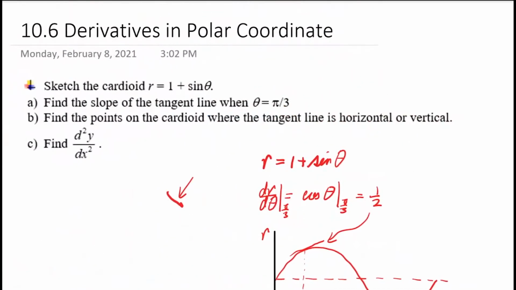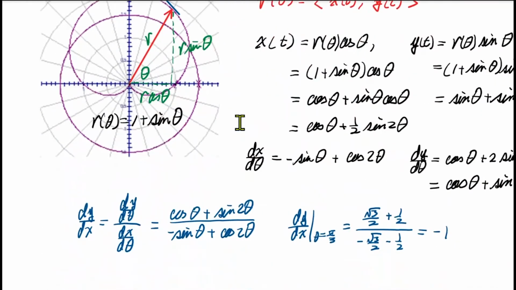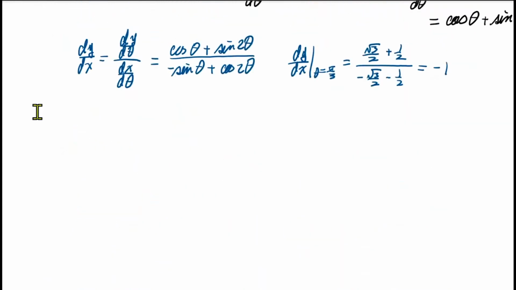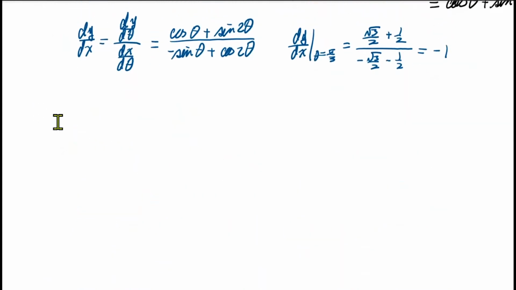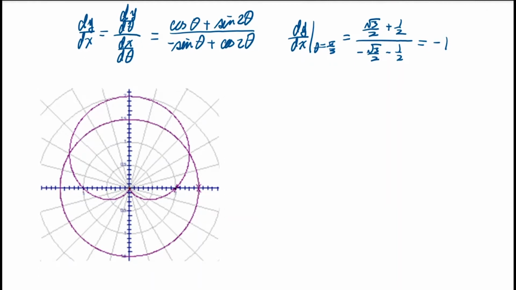Our prompt B says, find the points of this where the tangent is horizontal or vertical. Okay, I'm going to copy this and paste it here. Okay, this is part B now. Let's see, where is it horizontal?